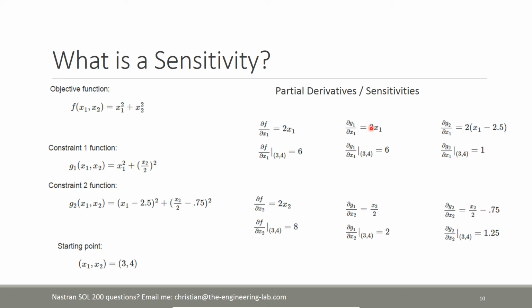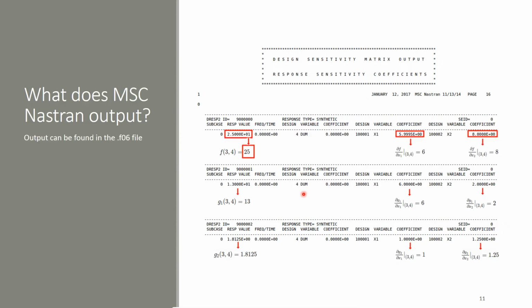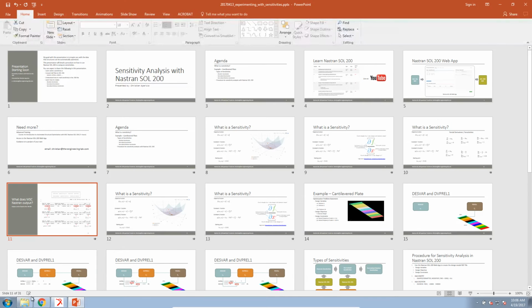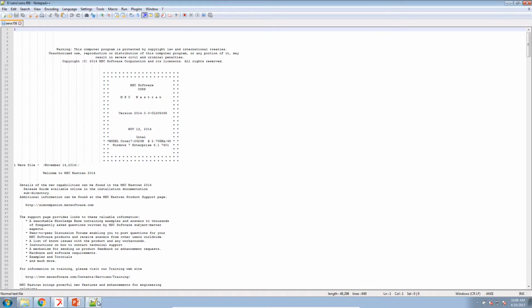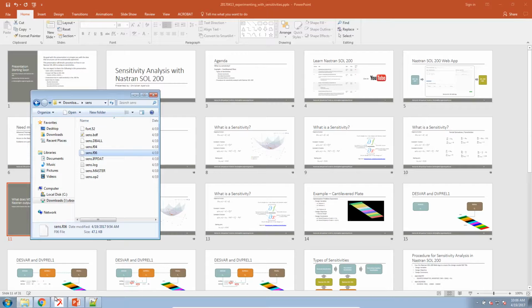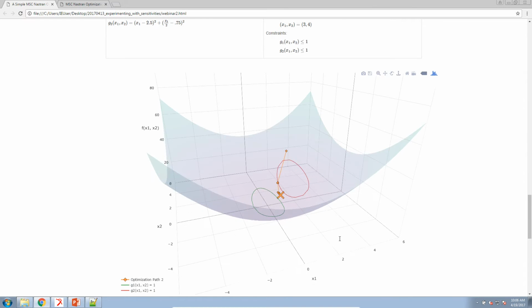Here I do the same for g1 with respect to x1, I get 2x1 and 6, and do the same for the other partial derivatives here. The reason I'm doing this is because I've already taken time to perform a sensitivity calculation with Nastran for this example. Here again, let me go and show you this plot.